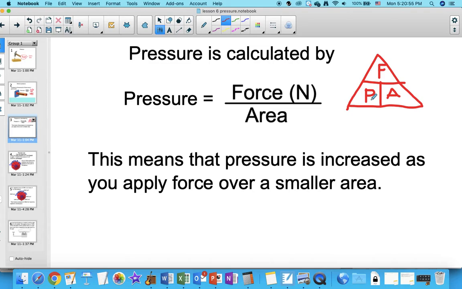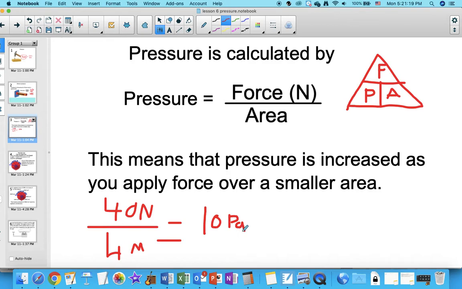What this also means is that pressure increases as you apply force over a smaller area. So let's take a look at our previous example. We had 40 newtons of force over, let's say, 4 meters instead. Well, we create a pressure of 10 pascals.